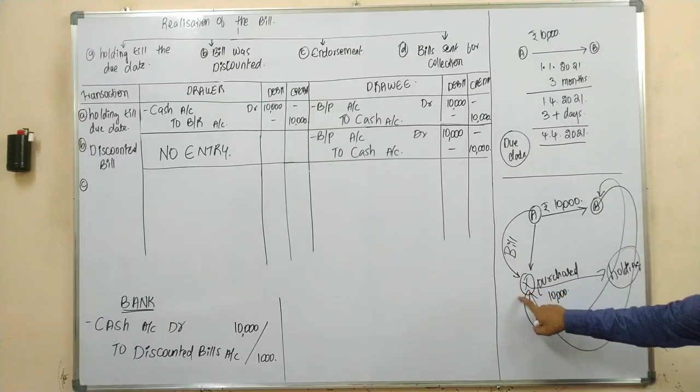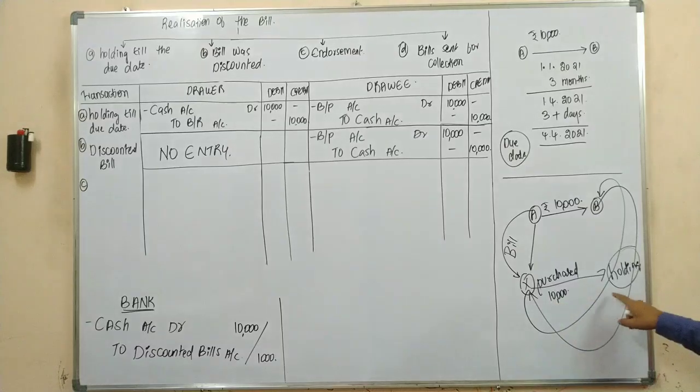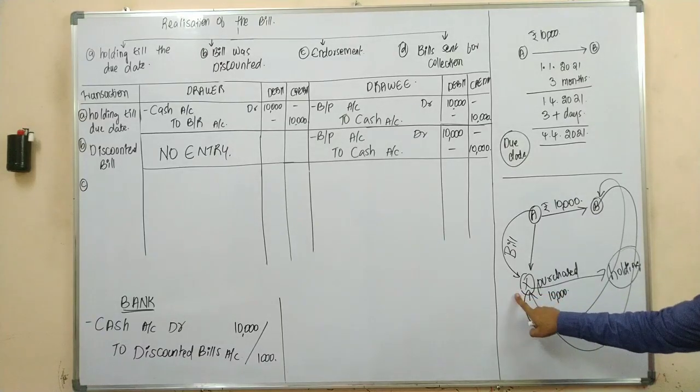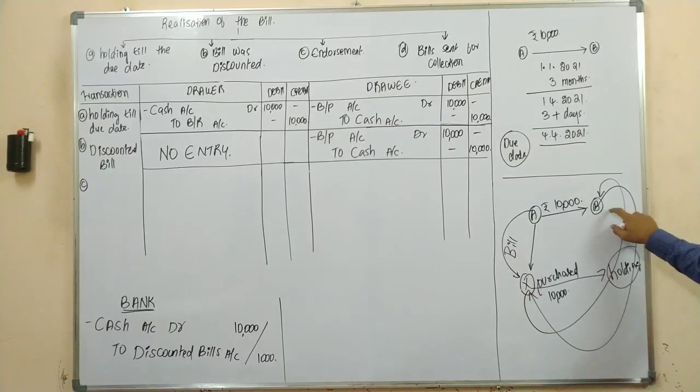As Mr. X is holding the bill, that means he is the endorsee. As the endorsee is holding the bill on the due date, the endorsee would be approaching the drawee and the drawee would be paying the amount.